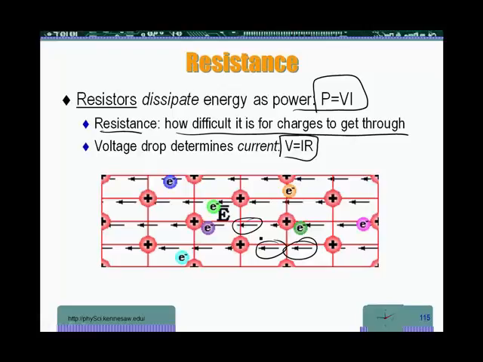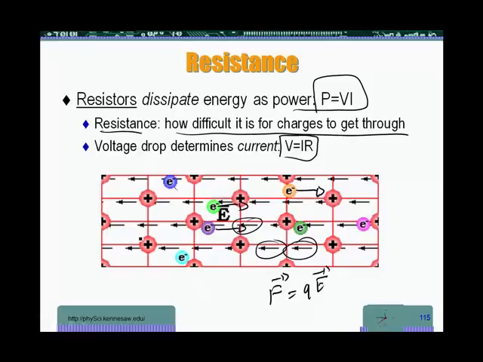So associated with that electrical field, there will be, of course, the electrical force. Now, look at what we have in this circuit. We have electrons. All of these electrons are going to be subject to an electrical force that's going to be opposite in direction to the electrical field. Remember, F is equal to QE.